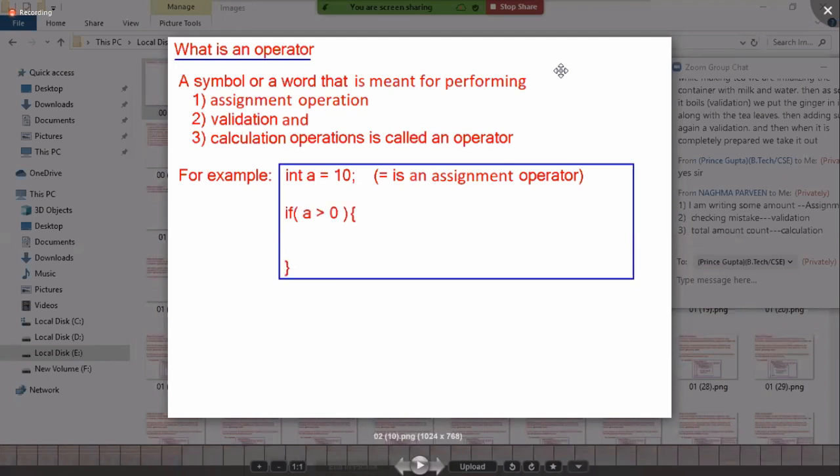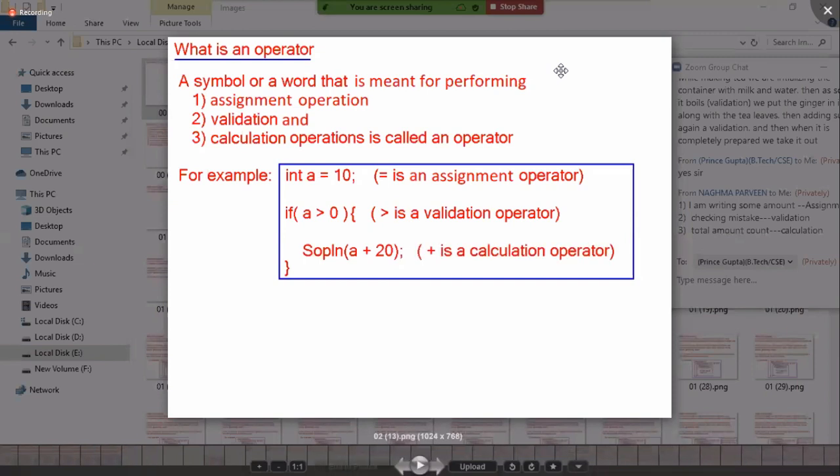I'm taking one more example. If a greater than 0: here the condition is if a greater than 0, and that is called validation. So greater than is a validation operator. The next, SOPLN a plus 20. In this a plus 20, plus is a calculation operator. Simple. So what is an operator?